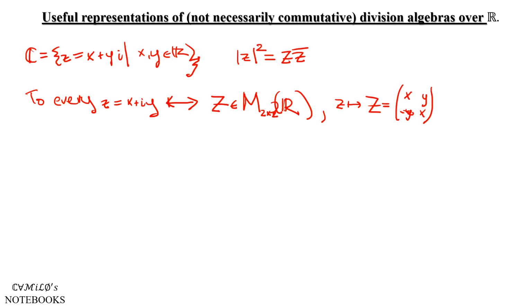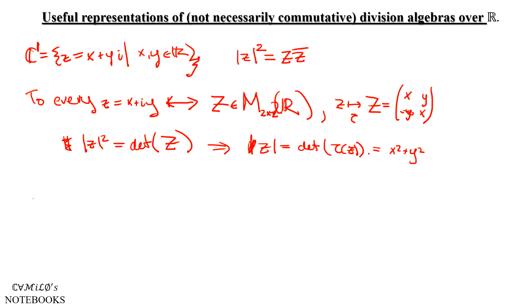Because of exactly this fact, that the norm of z squared, again, which is z z bar, happens to be the determinant of capital Z. In other words, if we call this map tau, we have that the norm of z squared equals the determinant of tau of z.